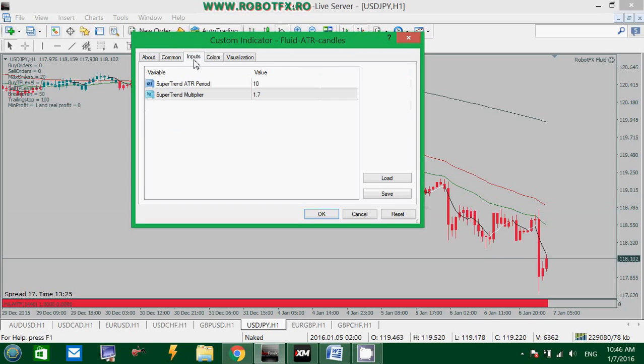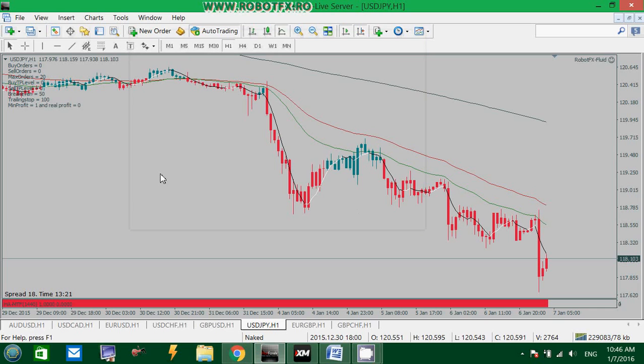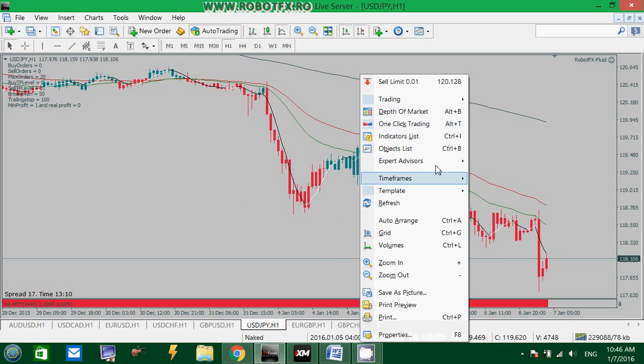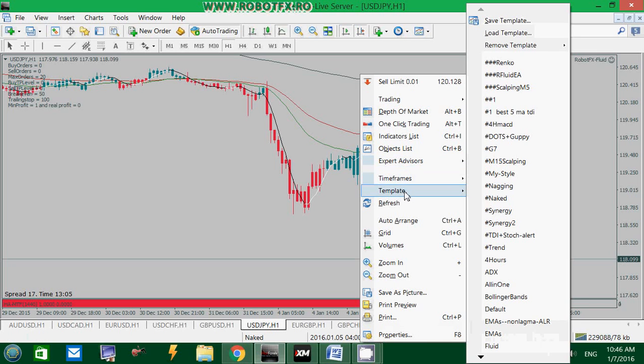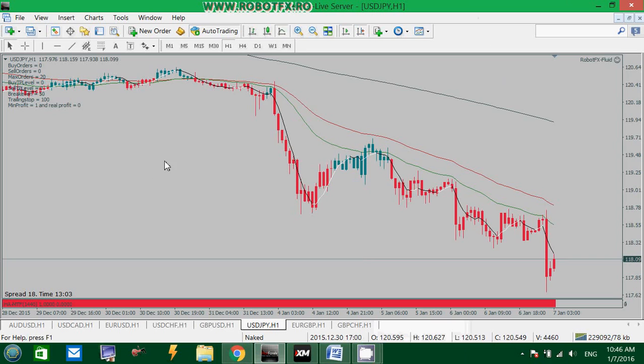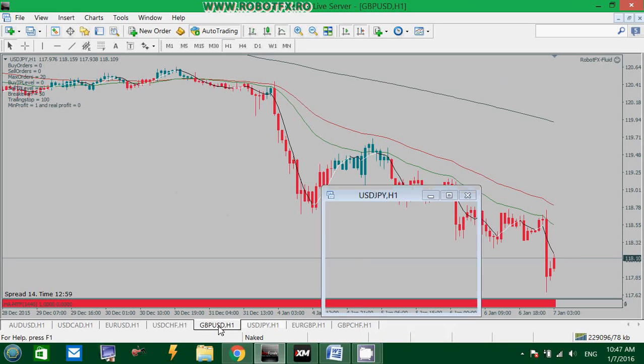By default, the ATR settings are 10.1.7. Change them if you want. So it will soon be the time to activate the expert advisor here, but it is not now. Later, maybe in the evening, or maybe I'll check the charts after 3-4 hours to see what happened.